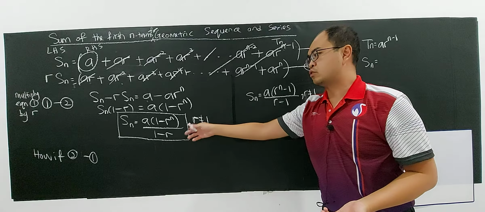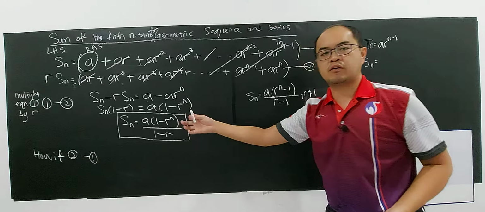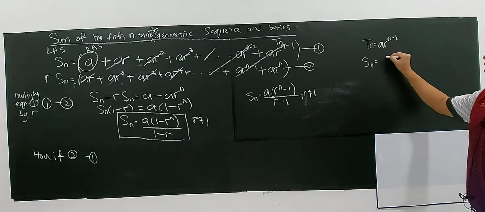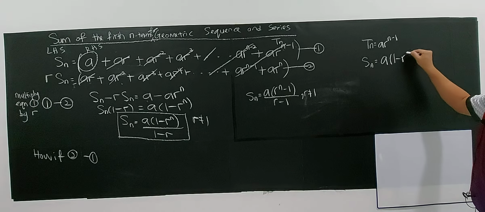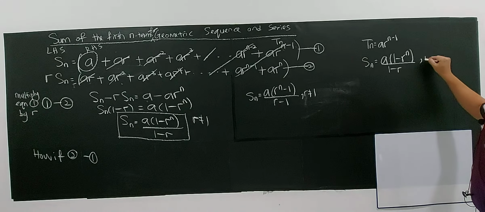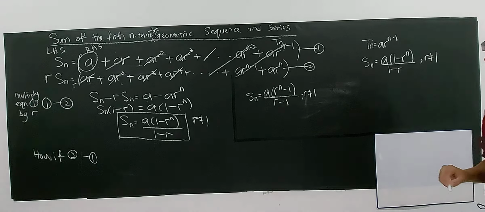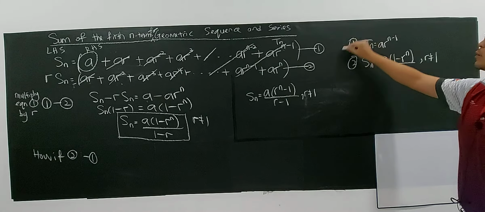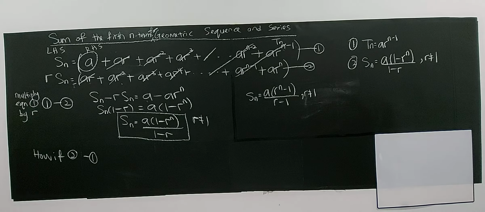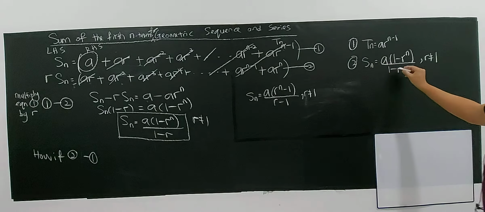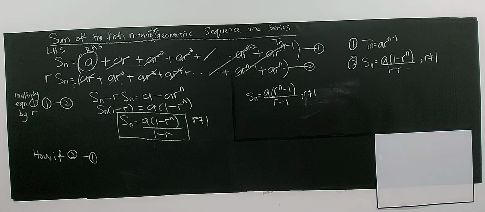I prefer students to memorize just one formula. They actually represent the same thing. So for example, A times 1 minus Rn over 1 minus R, where R should not be 1. So this is the second formula for the sum of the first n terms of a geometric sequence.